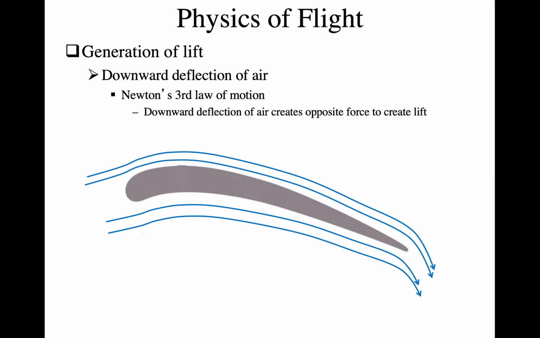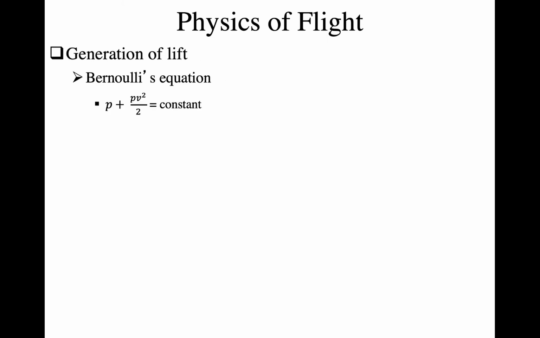And if we follow Newton's third law of motion, for every action there is an opposite and equal reaction. So this downward deflection of air is going to create an opposite force of air pushing up on the wing. Okay, so that's one way that we can get lift, to raise the bird and its wing up. This downward deflection of air creating an opposite and equal reaction pushing the bird up. So that's Newton's third law of motion.